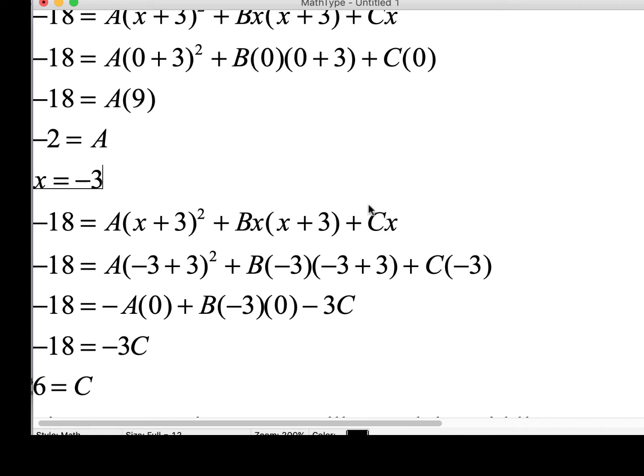So plugging in -3 and 0 won't work. But we can pick another value for x. So let's pick a nice value for x.